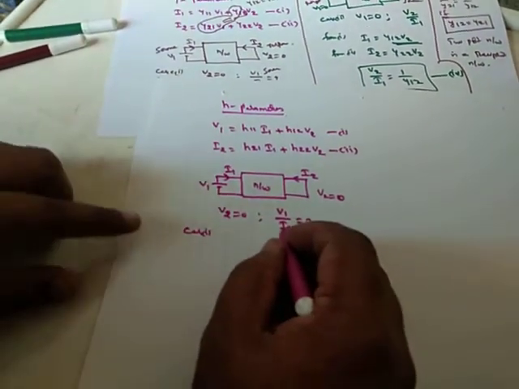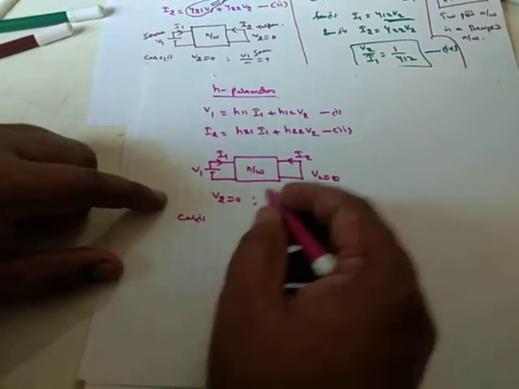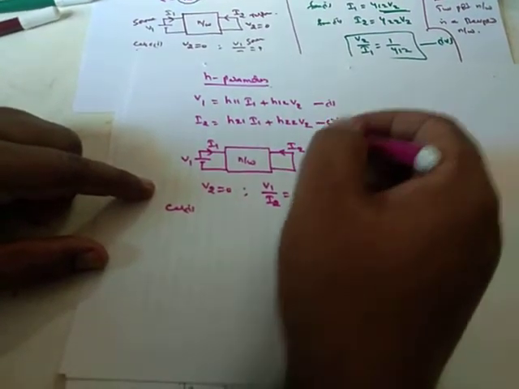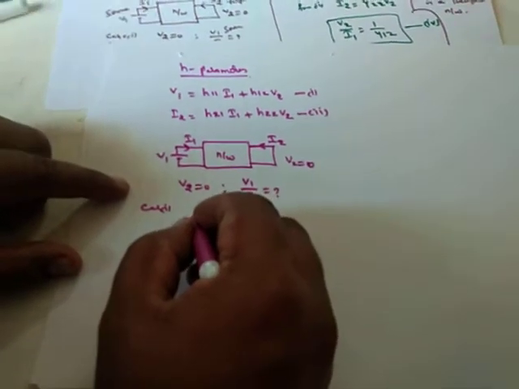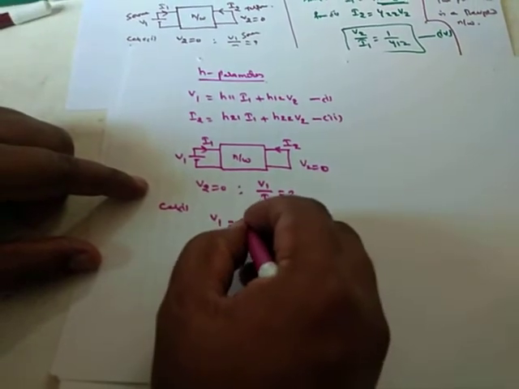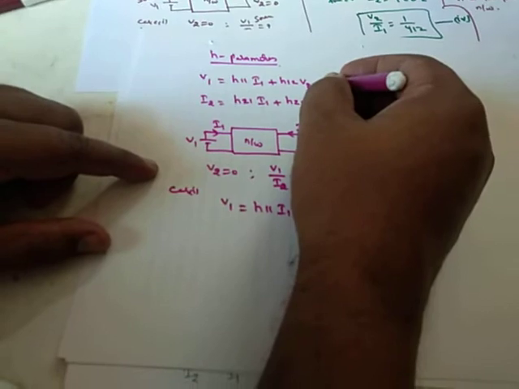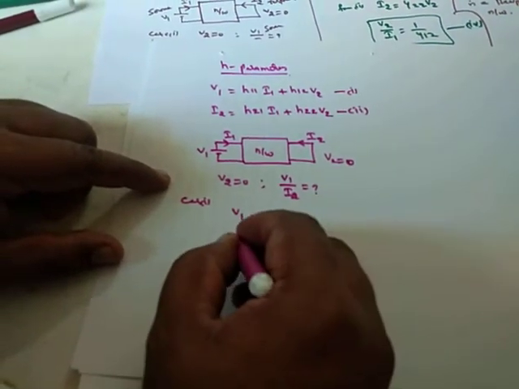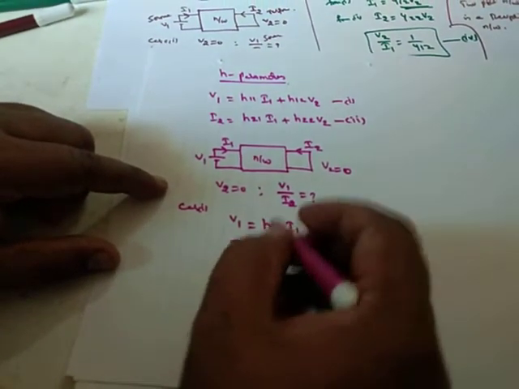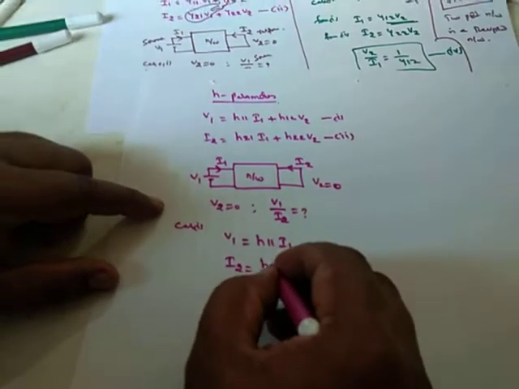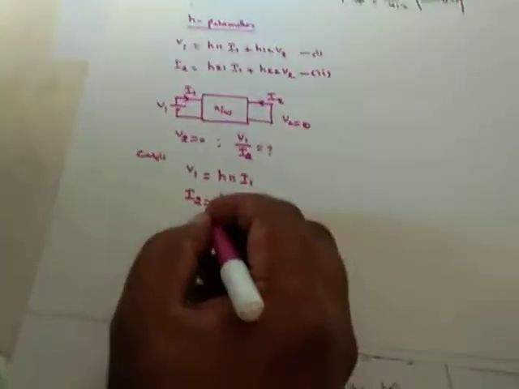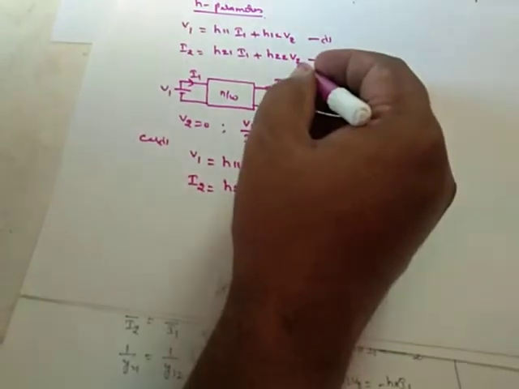Apply the condition V2 is equal to 0 in the basic equations. Now V1 is equal to H11 I1, because V2 is equal to 0. Similarly, from the second, I2 is equal to H21 I1, since V2 is equal to 0.